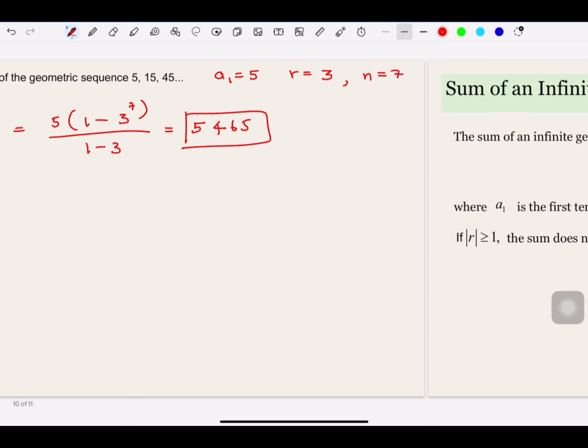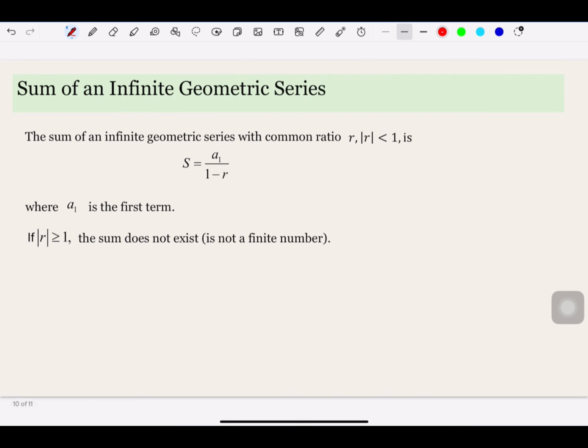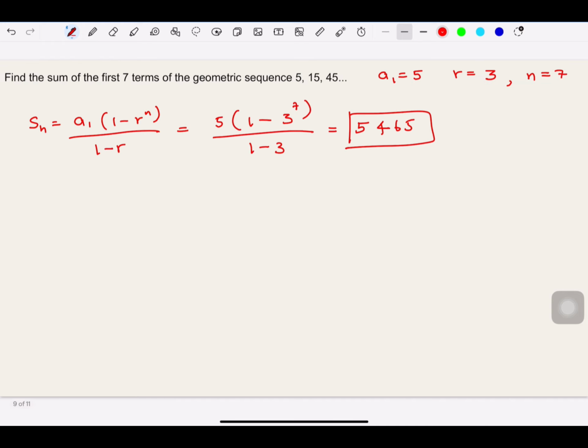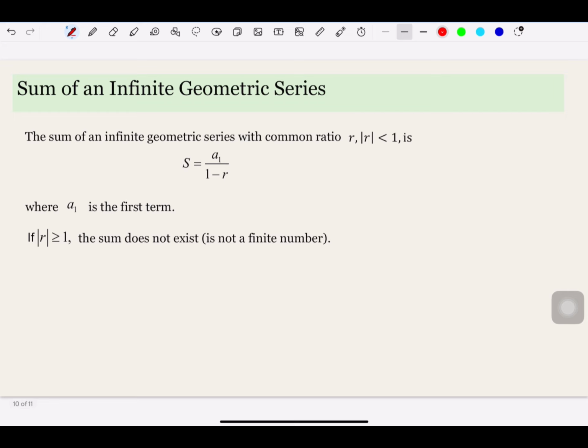Okay, so now let's talk about one of the coolest ideas in math, which is the sum of an infinite geometric series. So far we know how to get a finite sum, when we have a finite number of terms in a geometric series. But what if we have an infinite series with a lot of terms?